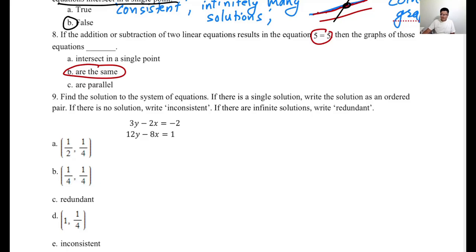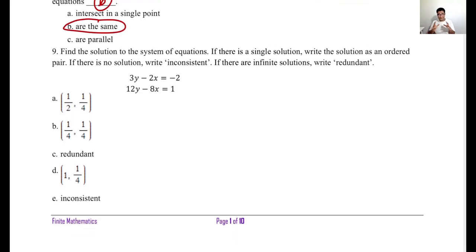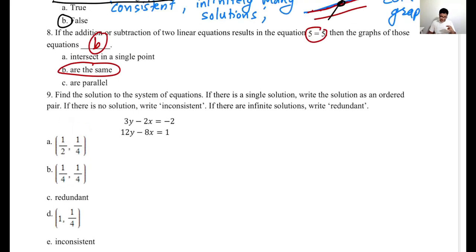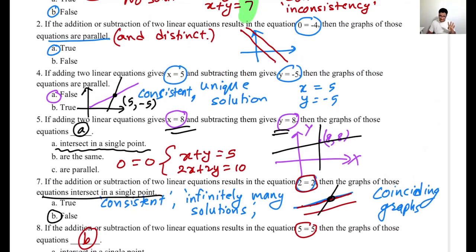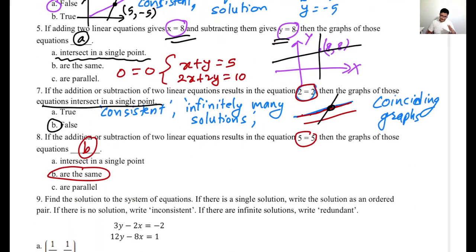Okay. So the option B. Okay. So that was the clarity. In fact, we saw all three cases. Just to make it clear to you. We had a unique solution when the lines intersect, no solution when they are parallel and distinct, and infinitely many solutions when they coincide or when the graphs are the same.